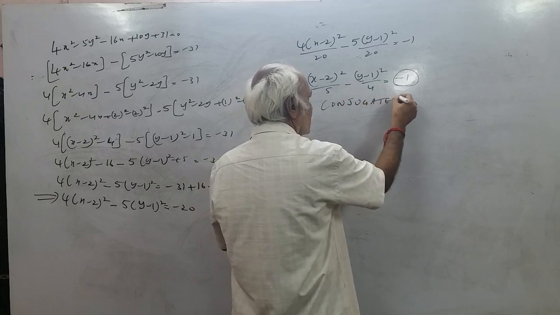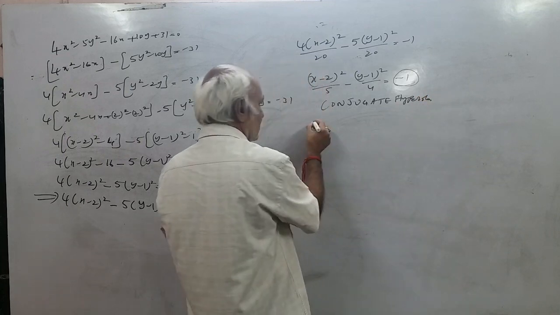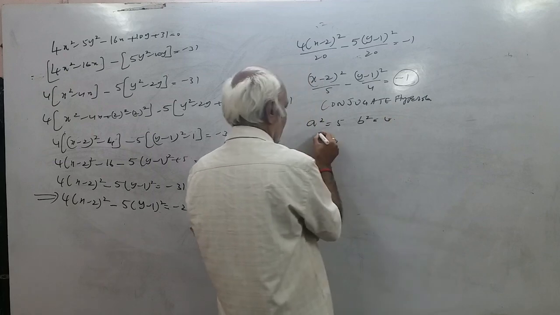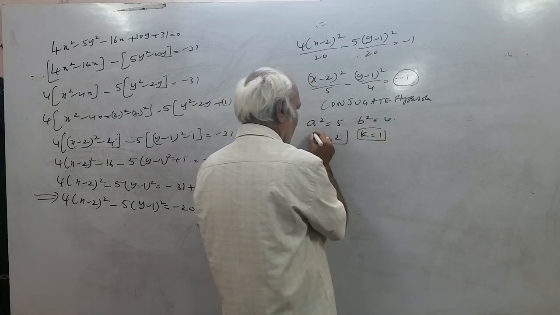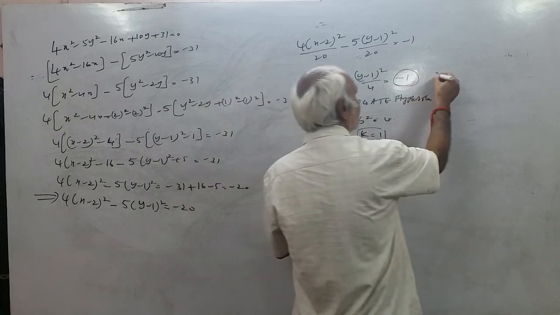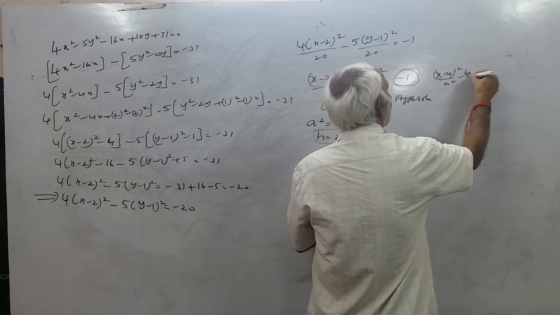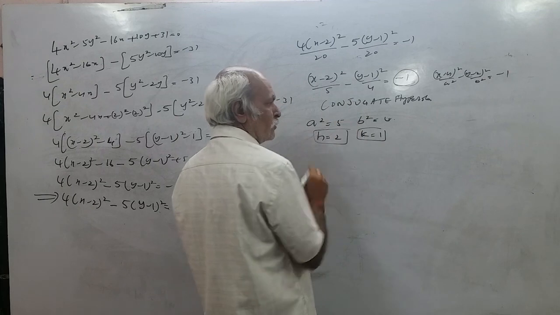Which hyperbola? Conjugate hyperbola. Therefore a square is equal to 5, b square is equal to 4, and h is equal to 2 and k is equal to 1. Compare x minus h whole square by a square, y minus k whole square by b square is equal to minus 1. So h is equal to 2, k is equal to 1, right?